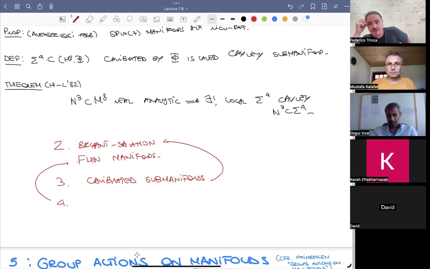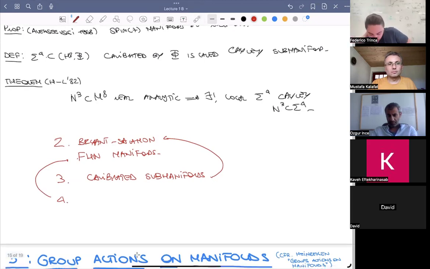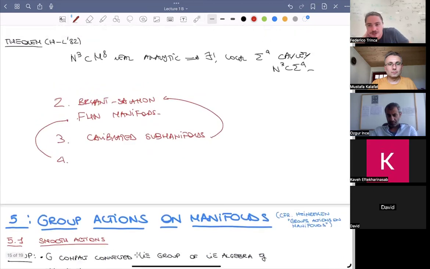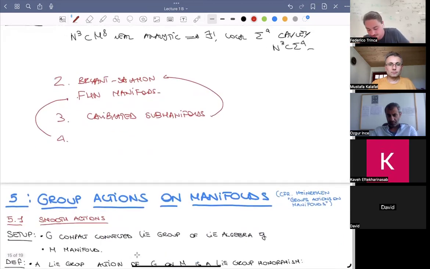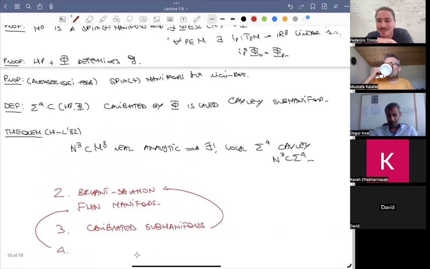And yeah, this is the plan. I'll have to talk a bit about group actions and manifolds at some point.